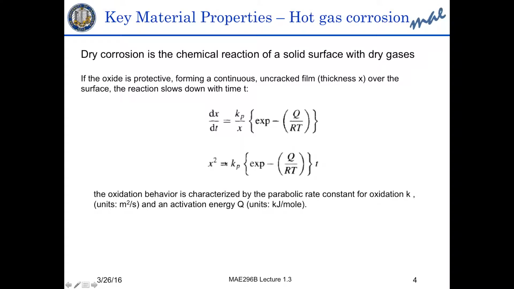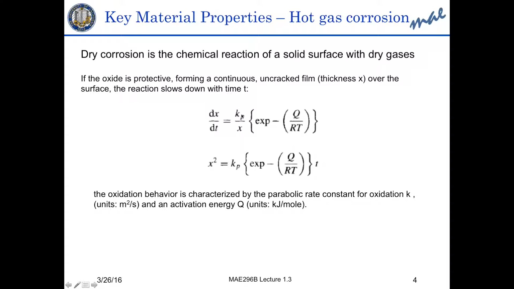So if we consider only gaseous corrosion, then the situation is a little bit simpler, because the amount of corroded material removed by gases is described empirically by two constants.